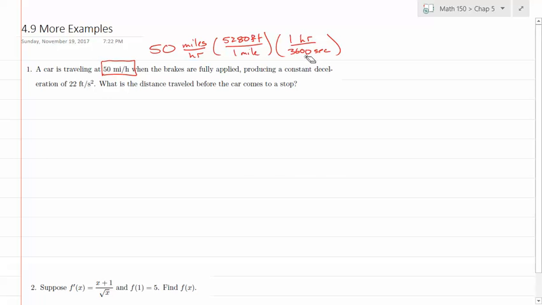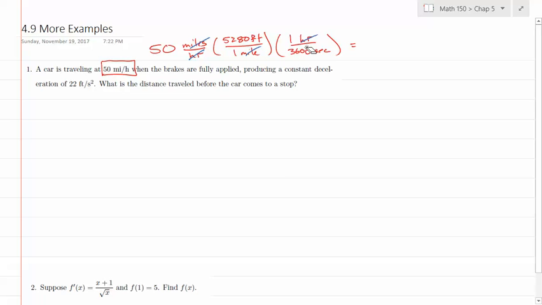And so it turns out that if you work that out, of course, the units of miles on top and bottom cancel, the units of hours on top and bottom cancel, and so that's going to give you feet per second.